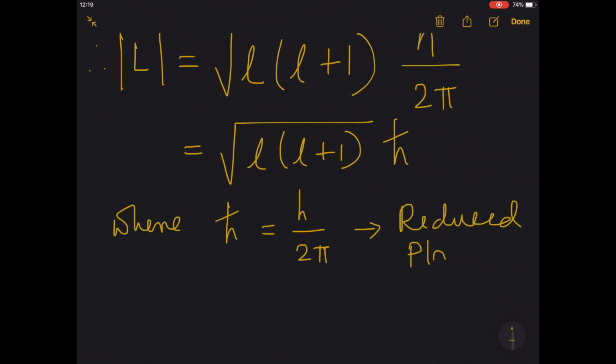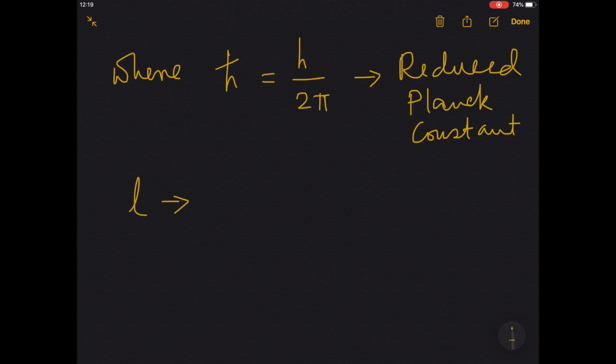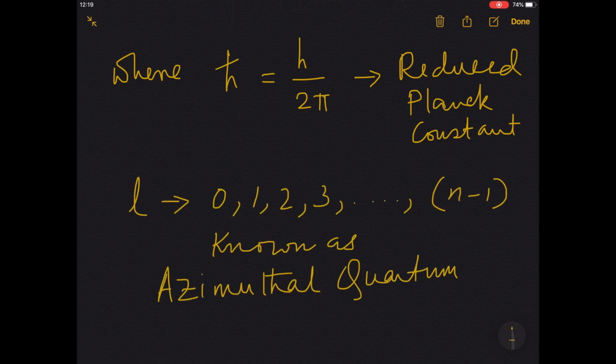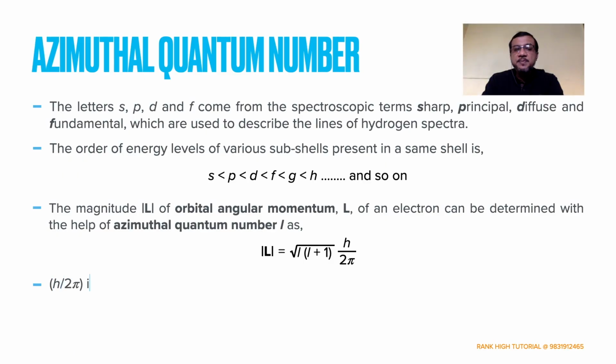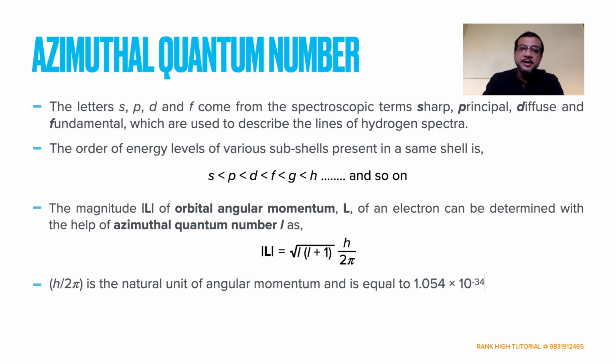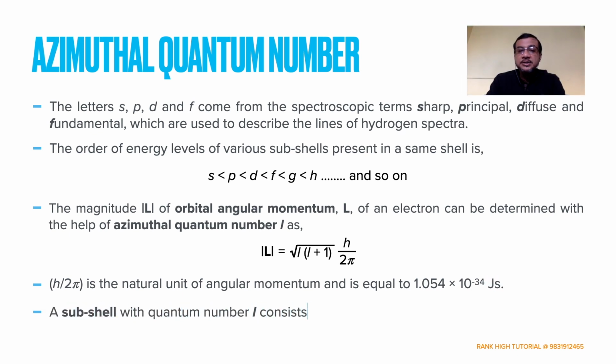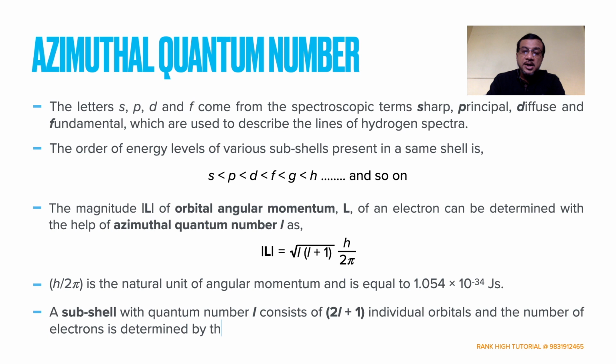In this expression, small l is the azimuthal quantum number with values from 0 to n minus 1, where h by 2 pi is the natural unit of angular momentum and is equal to 1.054 into 10 to the power minus 34 joule seconds. A subcell with azimuthal quantum number l consists of 2l plus 1 individual orbitals, and the number of electrons is determined by the expression 2 multiplied by 2l plus 1.